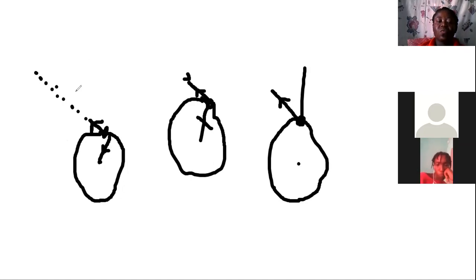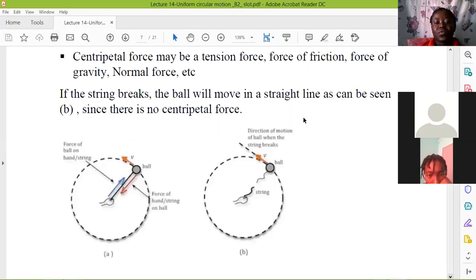So it will continue to move in a straight line, but it will not change its direction. So if the spring breaks, the direction of the motion of the ball when it breaks, it continues to move in that same direction in a straight line.